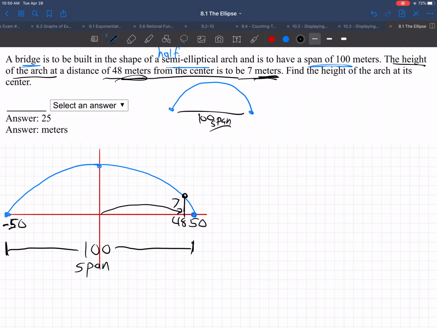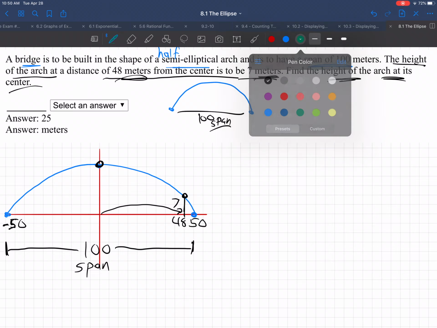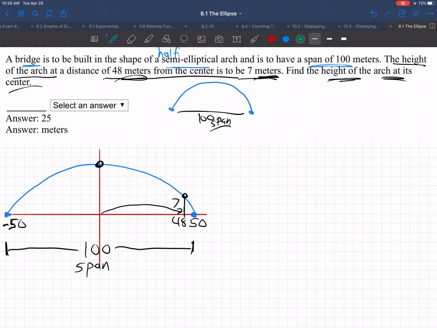So they put that in there, and then the question is, what's the height of the arch at the center? What's this height right here? This is what they're actually wanting us to figure out, the height at the center.